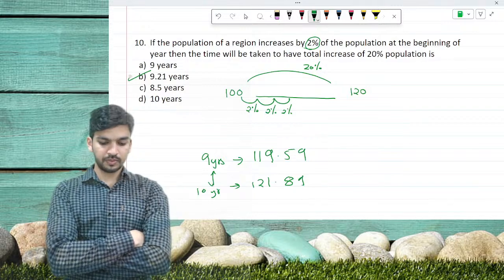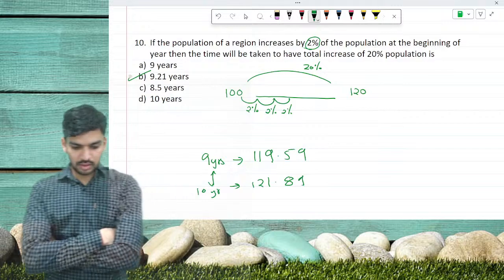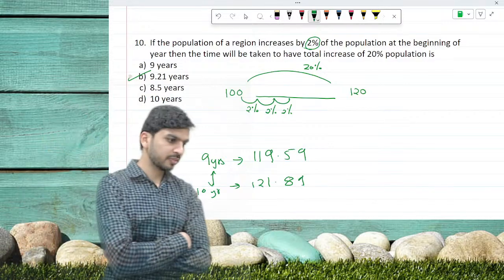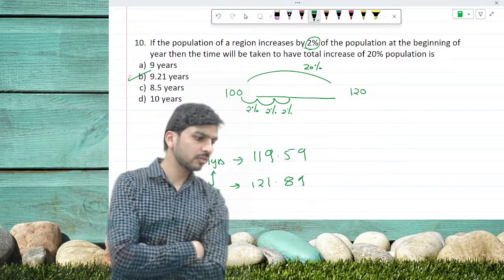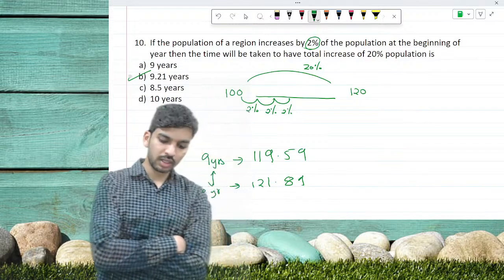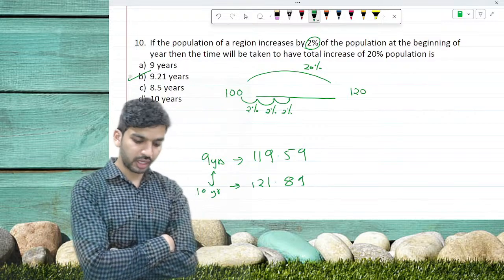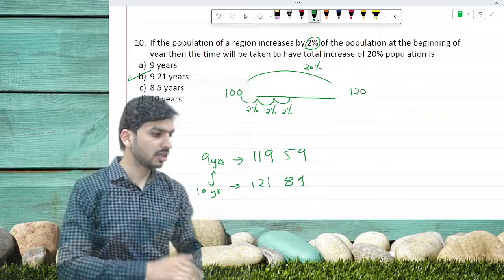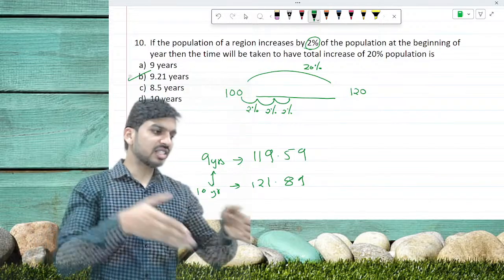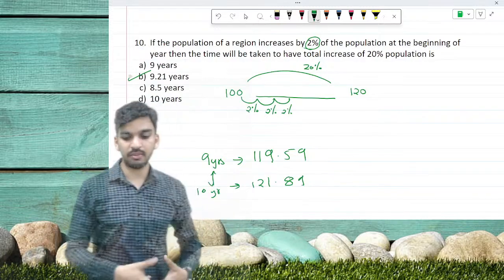Understood now? How to count months or years in decimals? Do not go for it. You can definitely go by the options, because if we go by the traditional method, it is going to take a lot of time, which we do not have in the exam.